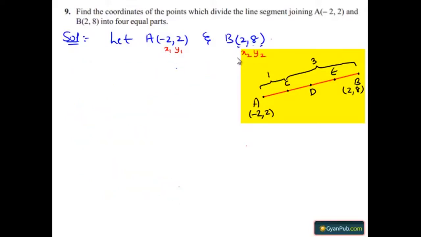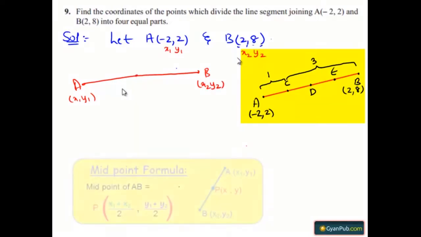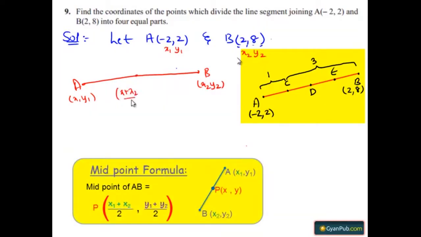The point D divides AB in the ratio 2:2, that is 1:1 internally. That means it will be the midpoint of AB. We know that the midpoint of the line segment joining the 2 points A x1, y1 and B x2, y2 is given by x1 plus x2 whole divided by 2, y1 plus y2 whole divided by 2.